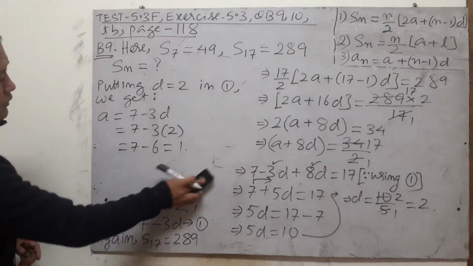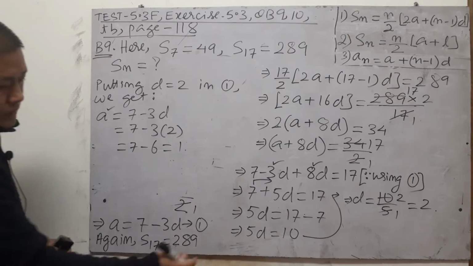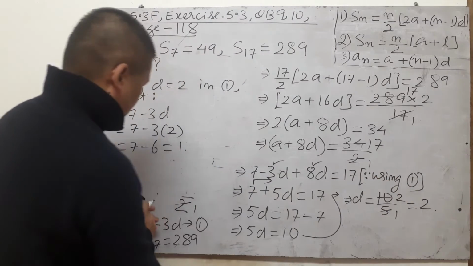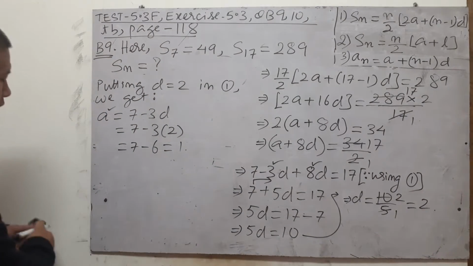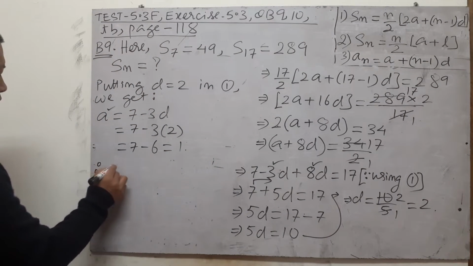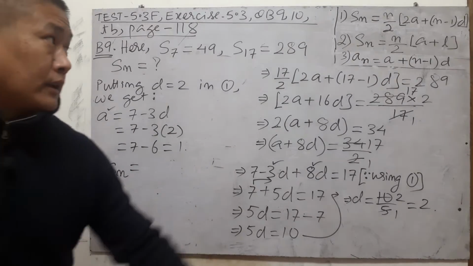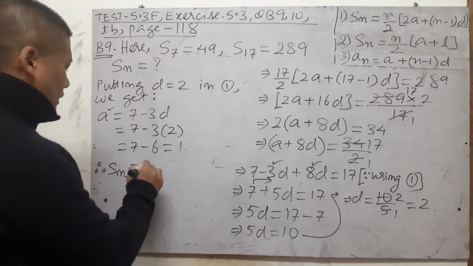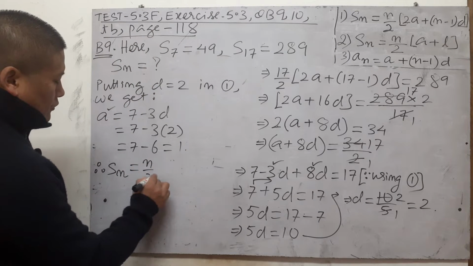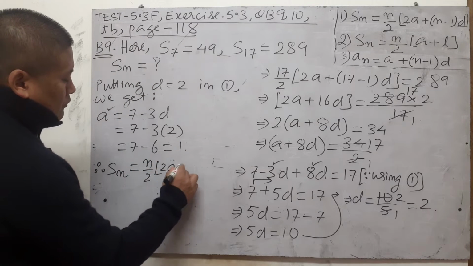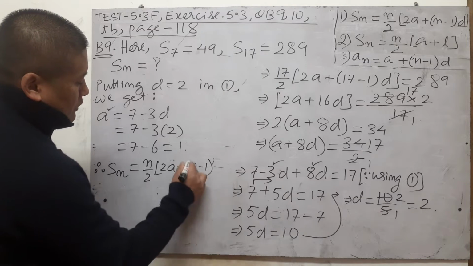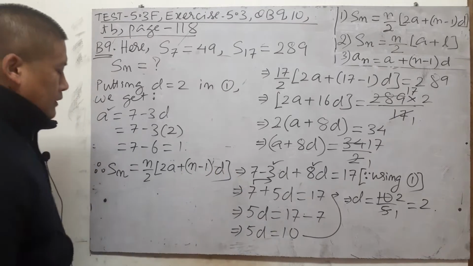Now since we know a value 1 and d value 2, we can easily find the sum of n terms. So therefore, what the question is asking is to find the sum of n terms, Sn. And you can apply exactly that formula, Sn equal to n by 2 into 2a plus n minus 1 into d.